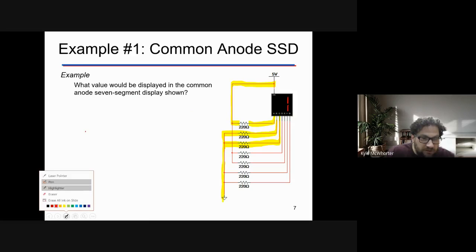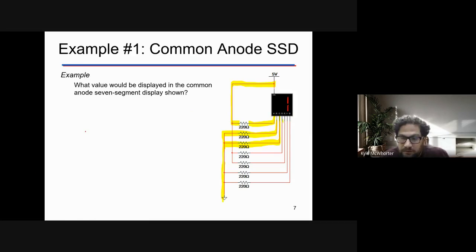And then let's take a look at segment D. Segment D, nope, it doesn't connect to ground. So segment D will not be lit up. Neither will segment E. Segment E is also hooked back to the power supply. But it looks like F and G both go to ground.